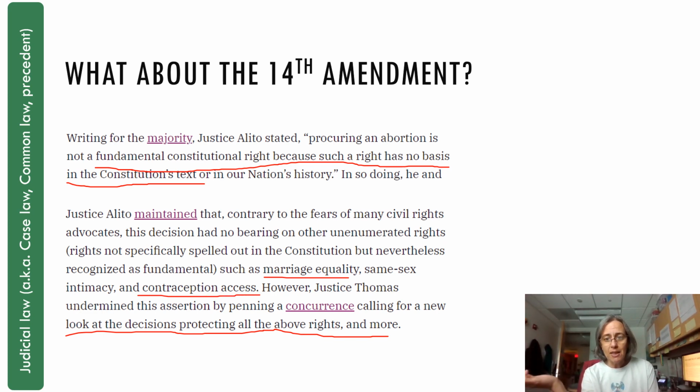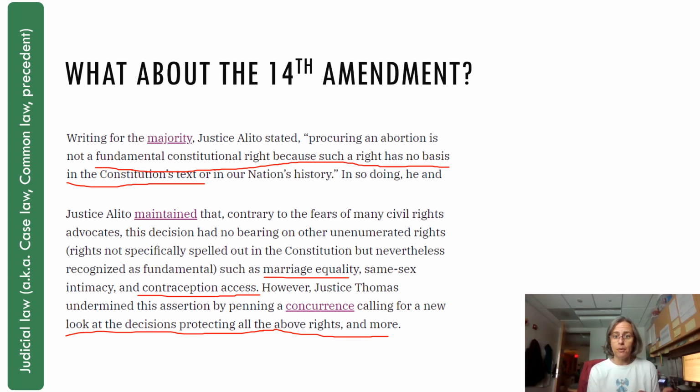So Justice Thomas is saying, well, if we're not going to allow the 14th Amendment to protect bodily autonomy in ways that aren't specifically listed out, and really the only one that's specifically listed out in the 14th Amendment is your life, right? And liberty, that's a nebulous concept. So he's saying we should revisit all of these previous decisions and perhaps override them.